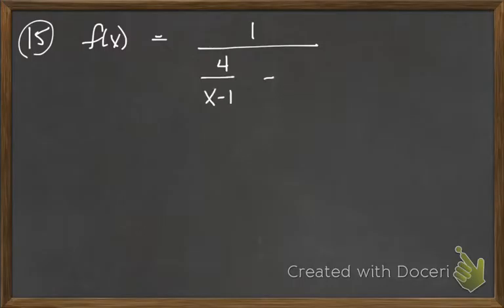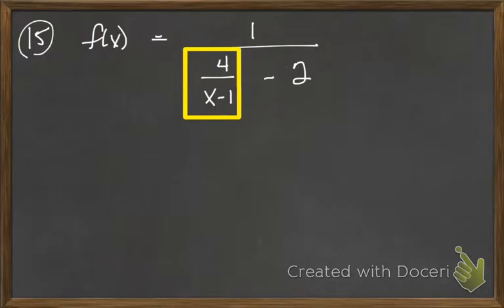Let's look at 15. We have f of x is equal to 1 over 4 over x minus 1 minus 2. So what I need you to see in this problem is I have a little fraction inside of a big fraction.